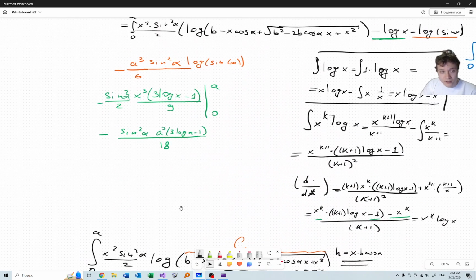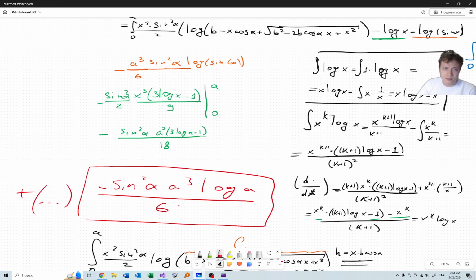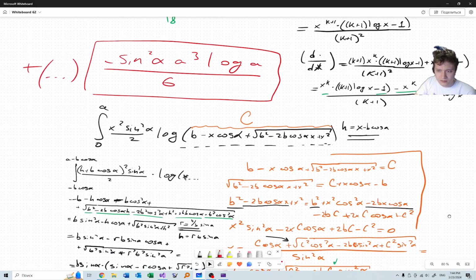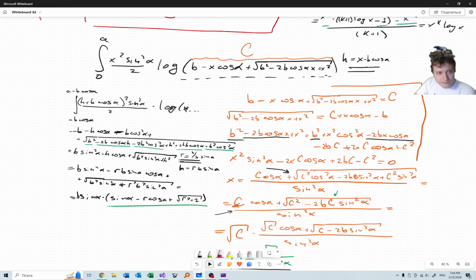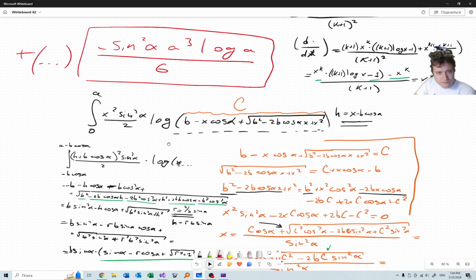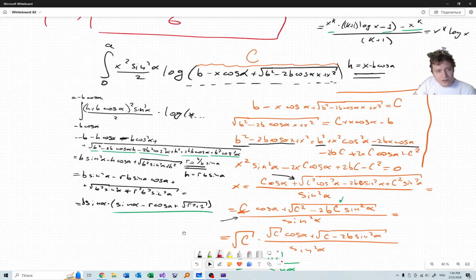So for now, this is the only addend which is not uniform. This is a non-uniform addend, and I expect it to be added somewhere below. Most obviously, it could be logarithm of b, for example.